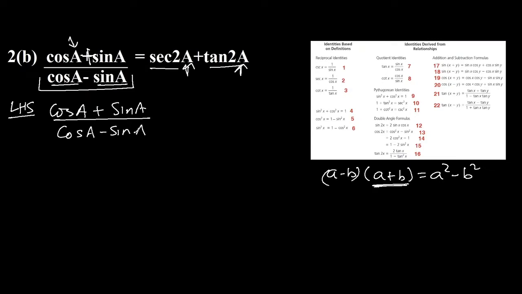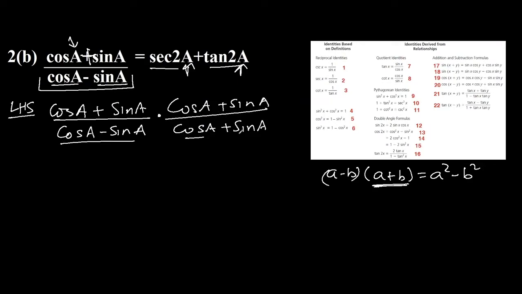This is our original rational term. Now we'll multiply it by the conjugate of this, which is cos a plus sine a over cos a plus sine a. So basically I multiply this by 1, and now this and this will give me a square minus b square, like this. A is cos a, b is sine a. So it will be cos square a minus sine square a, that is the denominator.